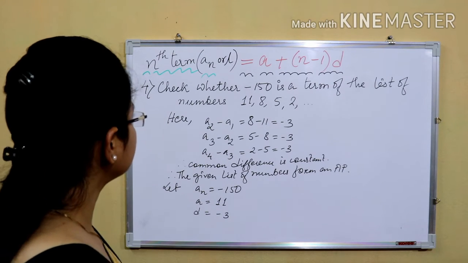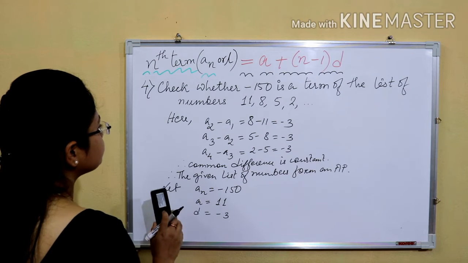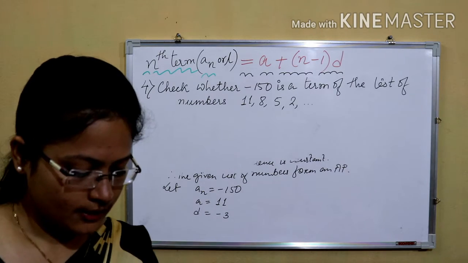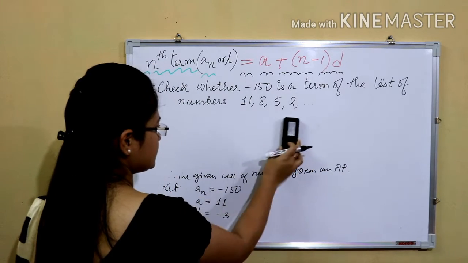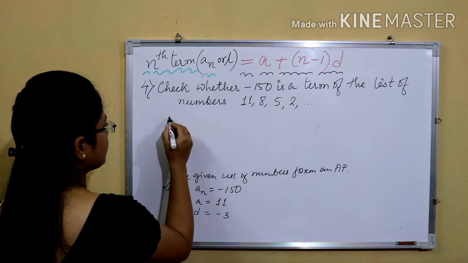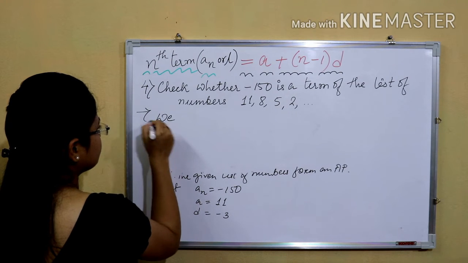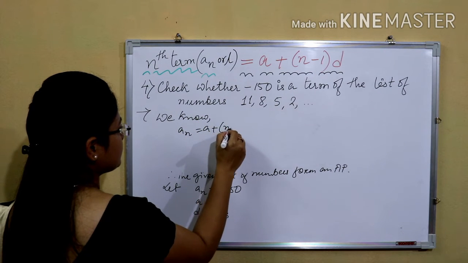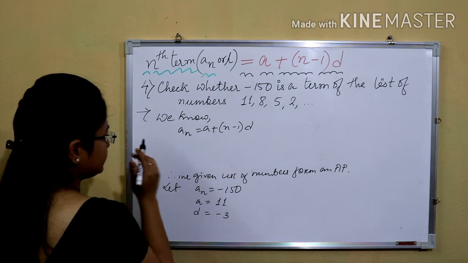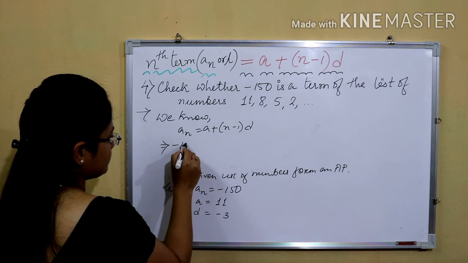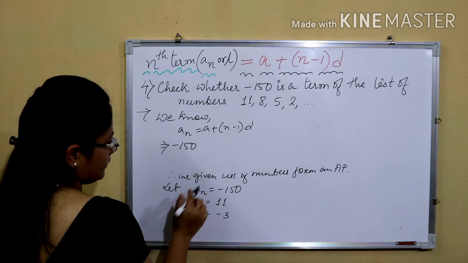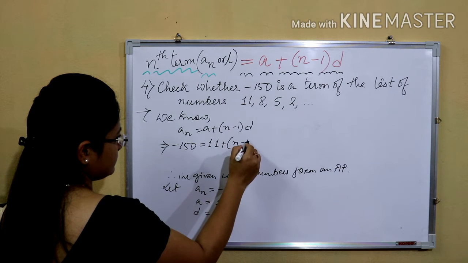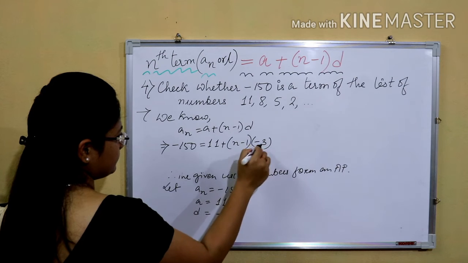So we will use the formula that we know: an is equal to a plus n minus 1 times d. An we have considered as minus 150, A as 11, D as minus 3.